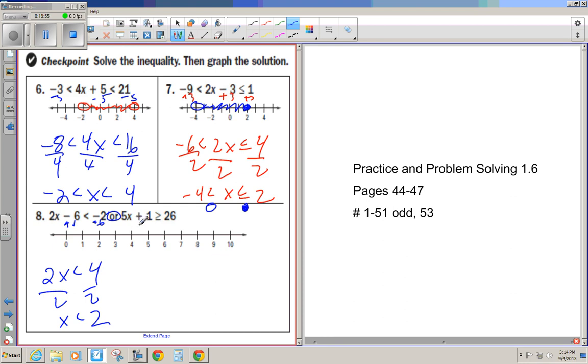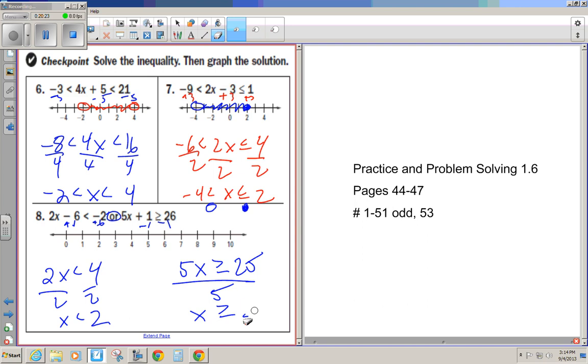Equation number 2 here, minus 1. 26 minus 1 is 25. Divide by 5, x is greater than or equal to, oops, not 25, but greater than or equal to 5.